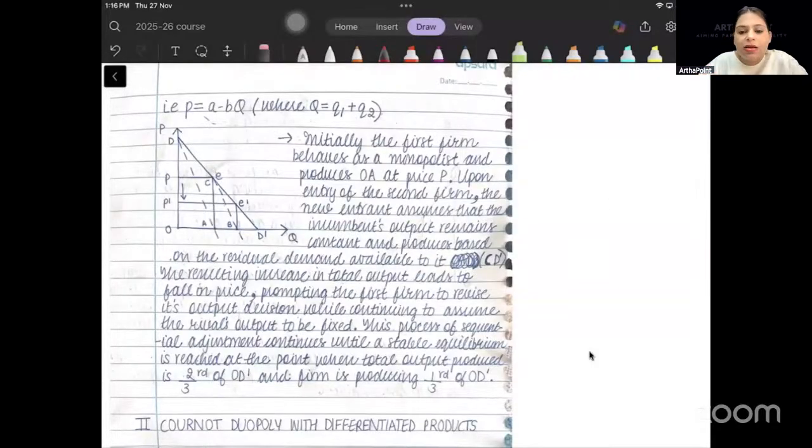So when you go ahead, we are economics students. I don't know where this answer is written from, but we are economics students. We know how to prove that we get 1/3 of the output, where the price is going to be, how the adjustment is going to take place.